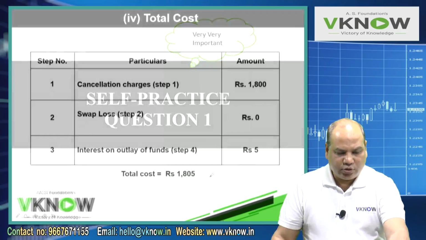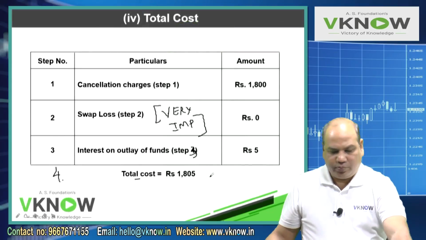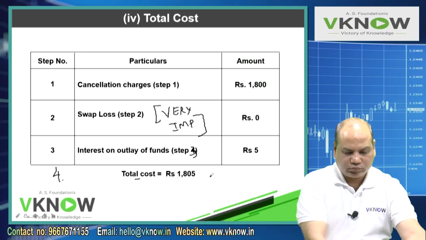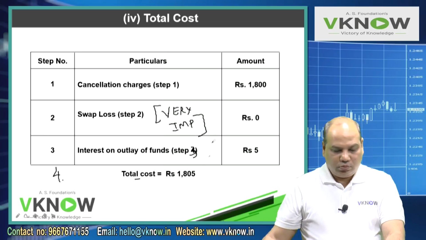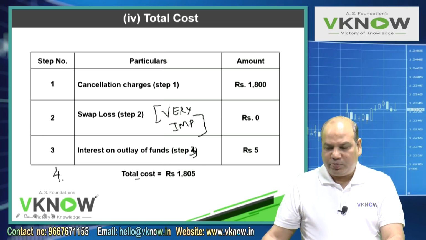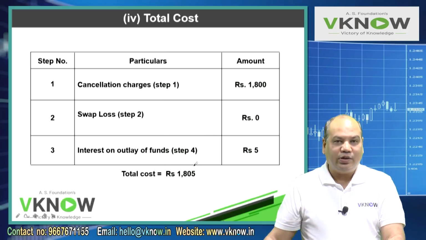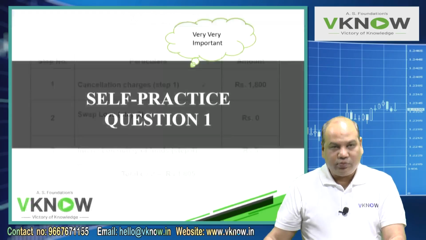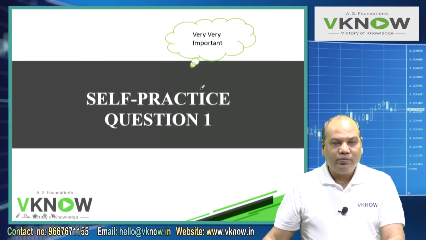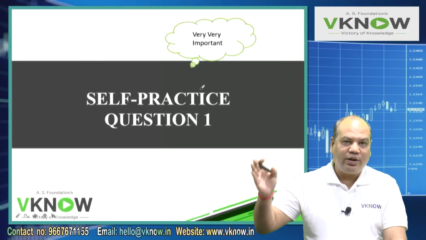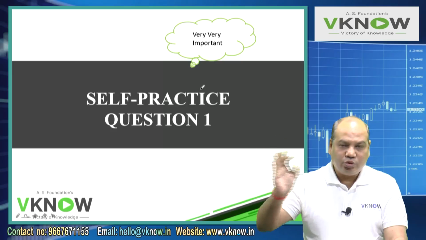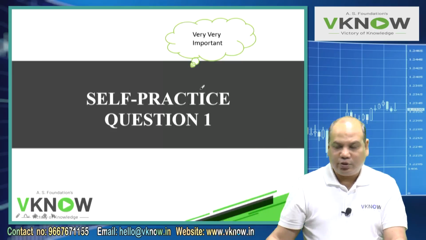So this is the answer to this very important question which I had dictated. It was based on an exporter and it was a problem of late cancellation. In this question we also got a situation where there is a swap gain. So in case of late delivery, late cancellation, late extension, no gain will be transferred to the customer.